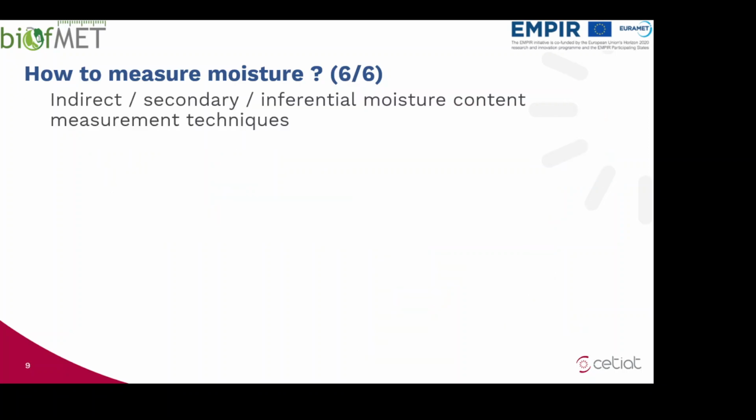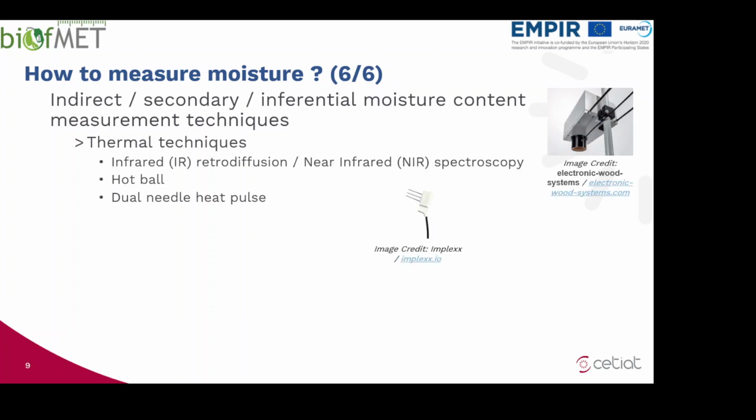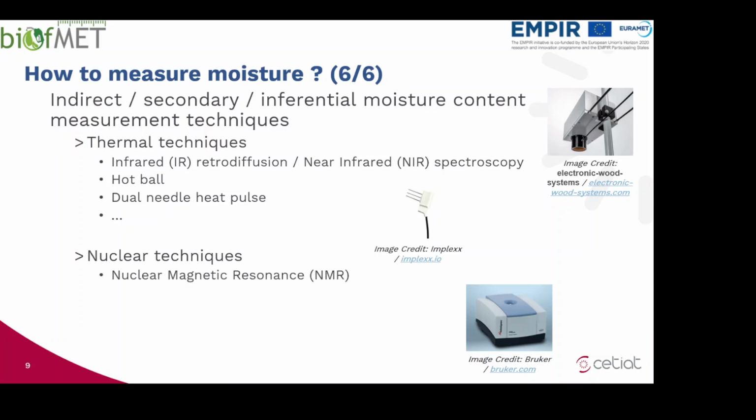In addition to electromagnetic techniques, thermal methods such as near-infrared or dual-needle heat pulse can be used for moisture measurement, as well as nuclear techniques such as nuclear magnetic resonance and gamma attenuation.